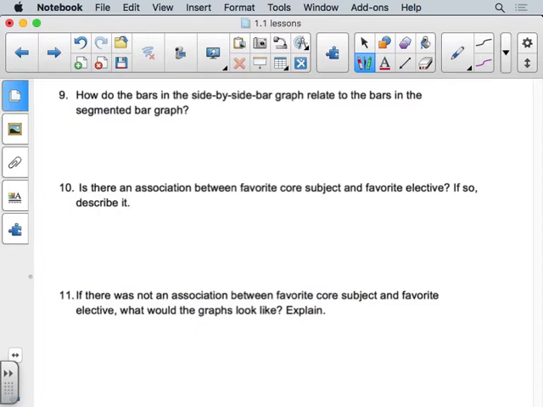I'm going to say yes, because the segmented graphs were different.